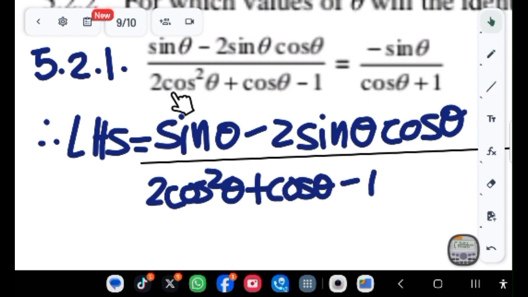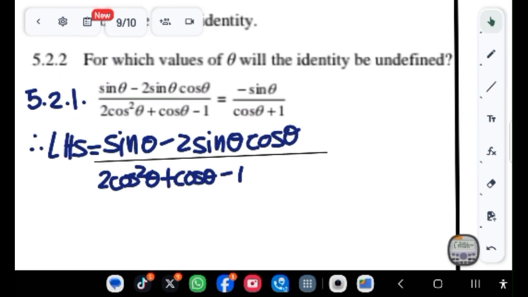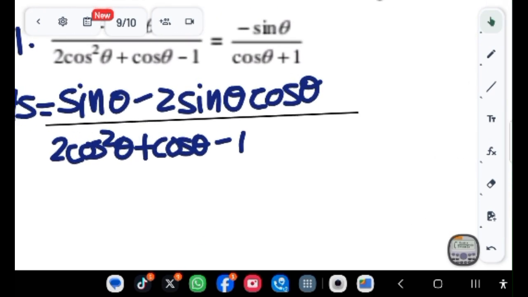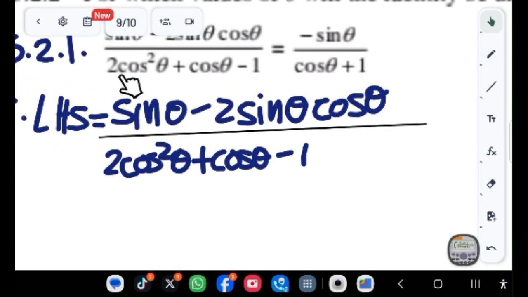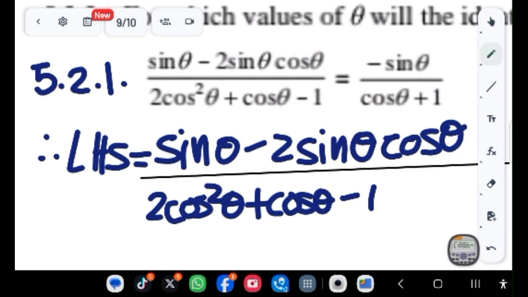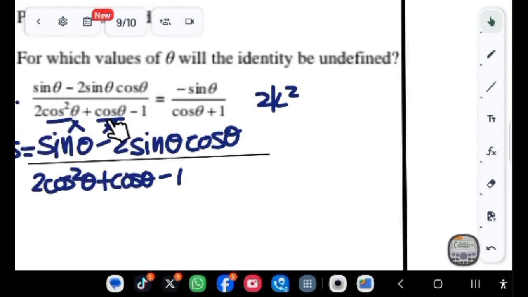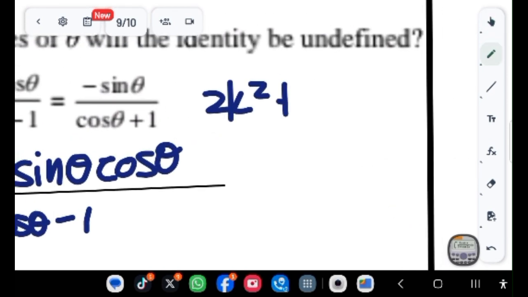Now notice that this one is a trinomial, called a quadratic trinomial. It's like your 2x squared. If you were to replace cos with k, for example, that will be 2k squared plus k minus 1.